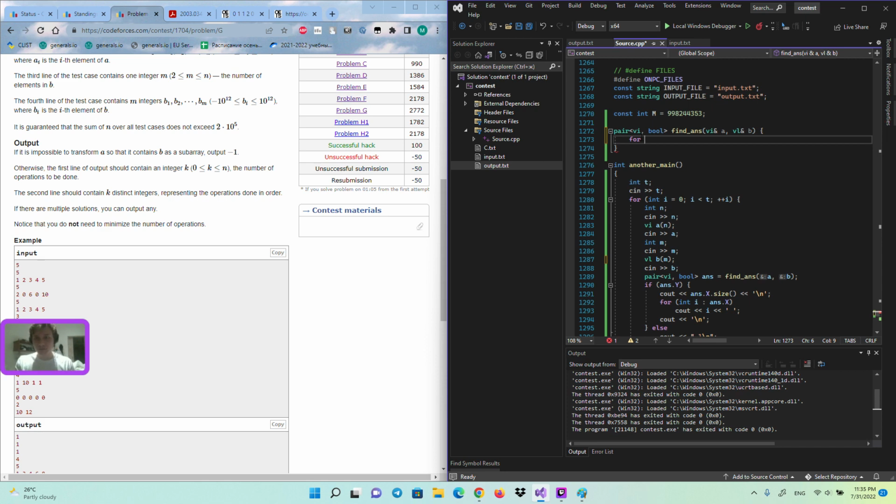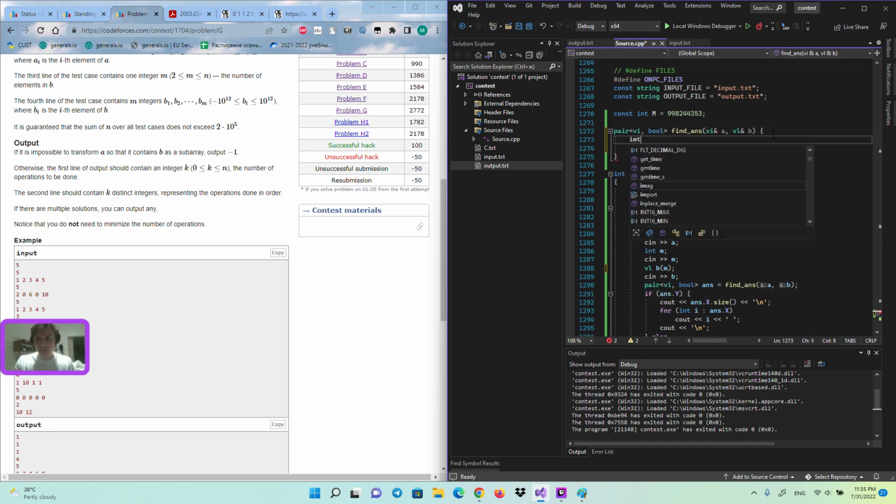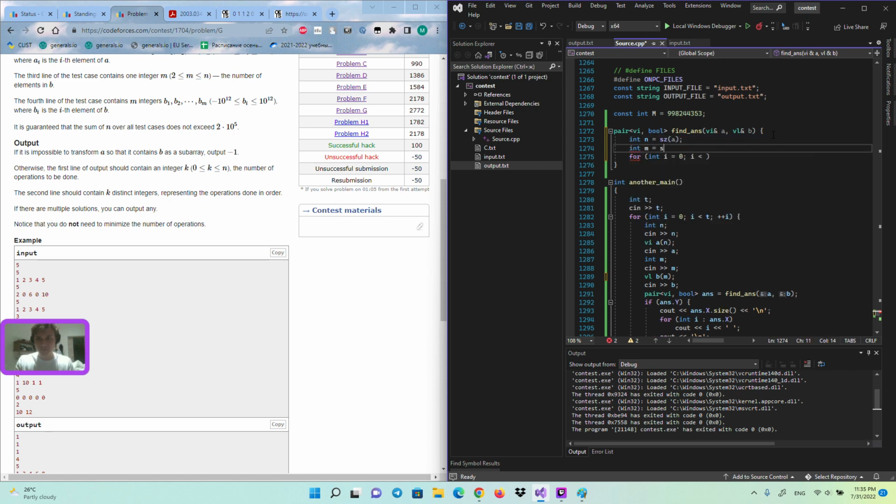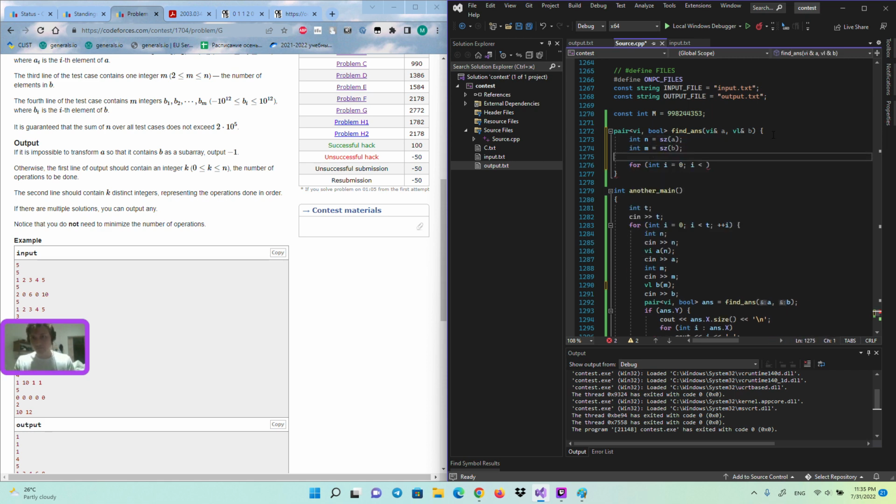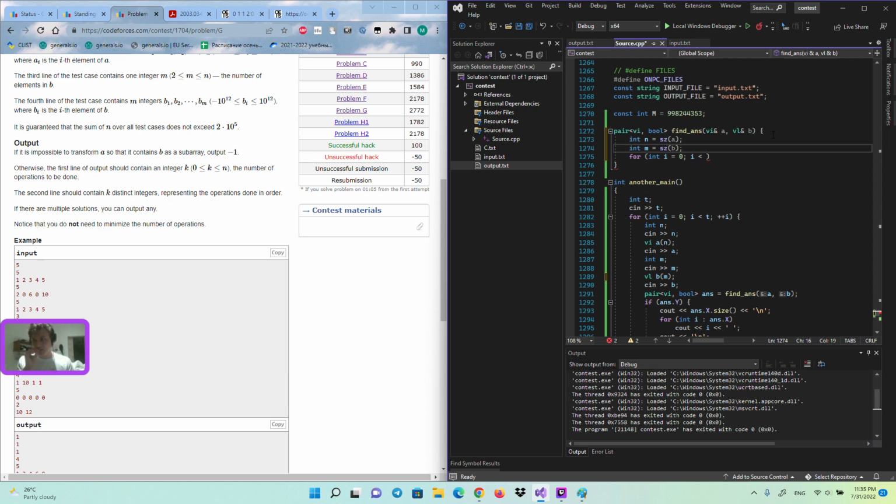We iterate. First of all, we change the signs.